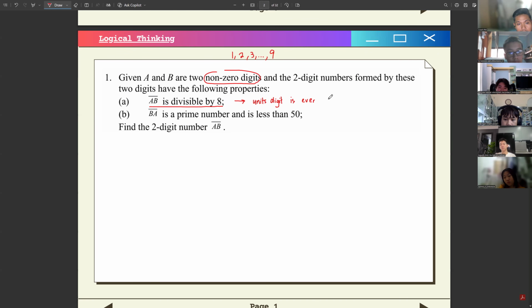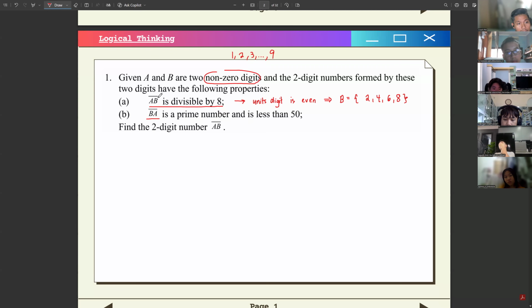Okay? So in other words, the way you form the number AB, your units digit is B. So the possible values for B are 2, 4, 6, and 8. Notice I didn't include 0 because, as we've said before, non-zero digits. What's the next condition? BA is a prime number.